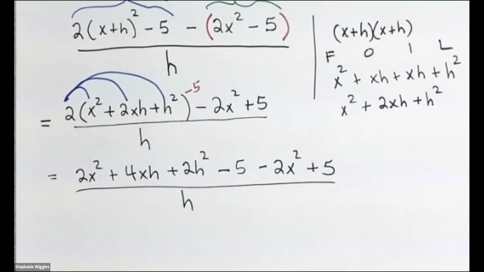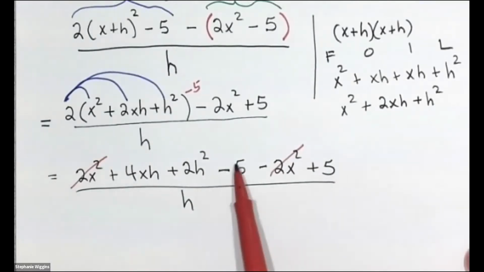Now, the thing about the difference quotient is it is always going to be the case that lots of things will cancel. And if they don't, you made a mistake. So 2x squared minus 2x squared, that cancels. The negative 5 plus the 5, that's 0. Those cancel.